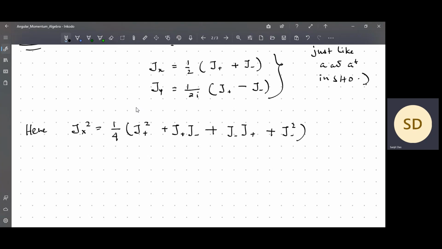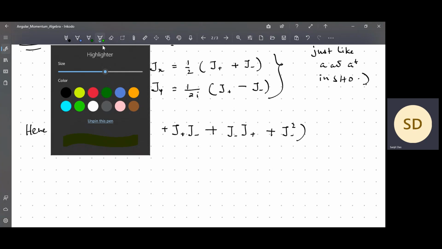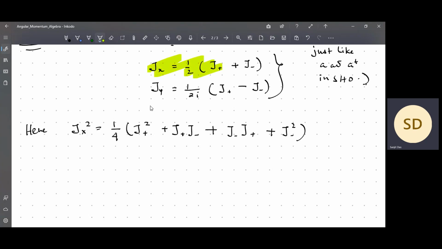If you see the first term, it is J plus multiplied with J plus; the second term is J plus multiplied with J minus; the third term is J minus multiplied on J plus; and the last term is J minus multiplied with J minus.